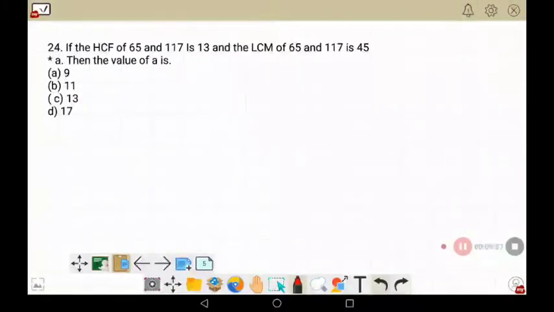If the HCF of 65 and 170 is 13 and the LCM of this is 45 into A, find the value of A. Where is the question? As you know, we have the formula: first number into second number equals LCM into HCF.